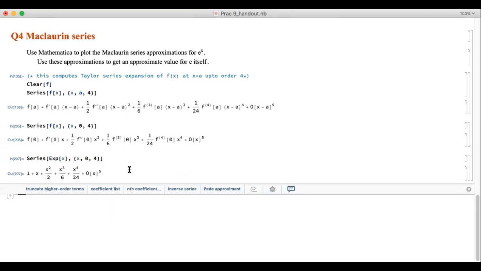Okay, so this series can be given in compact form as the sum of x to the power n over n factorial. Okay, you can try that. Let's see. So these are the first 4 terms.